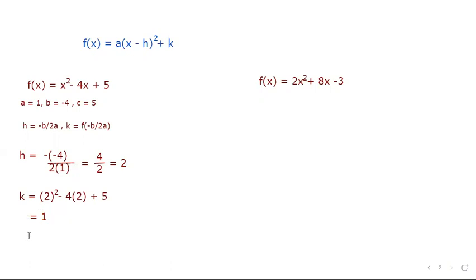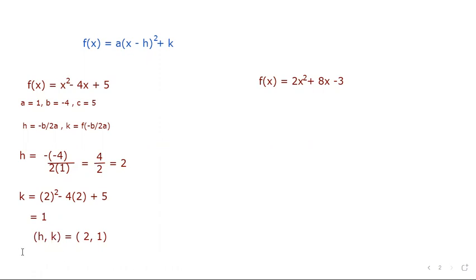So our vertex, h, k, is equal to what? I'm going to write it out. h, k is equal to 2 and 1. That's my vertex. But I want to make sure I put this back into my function, because remember, we're trying to put this in the standard form.